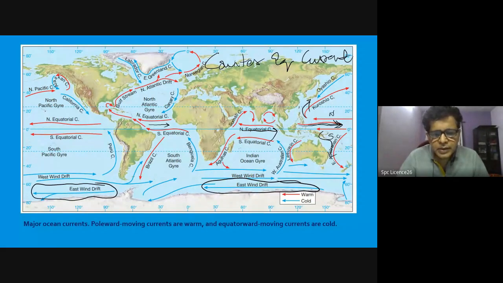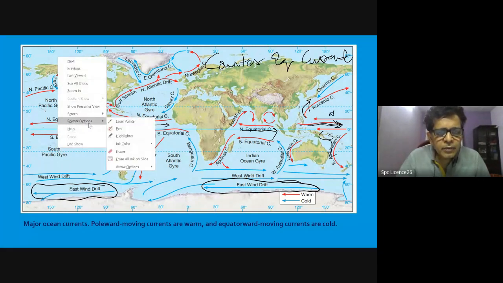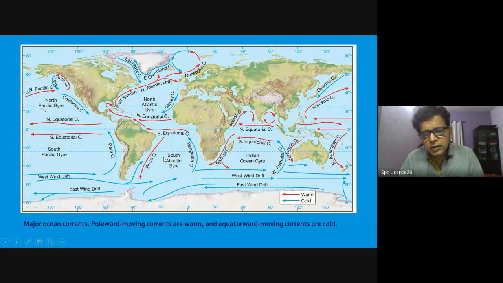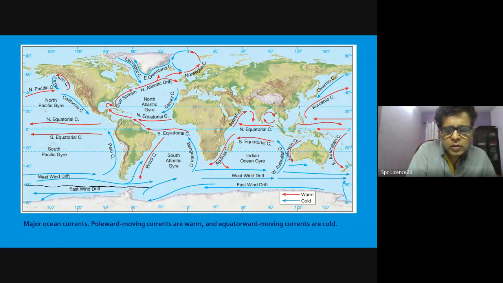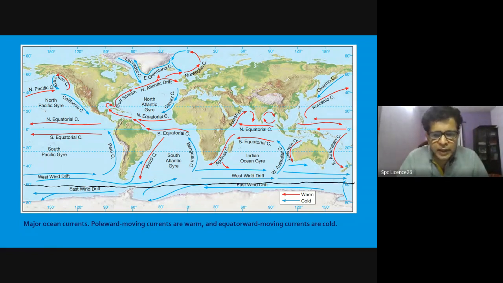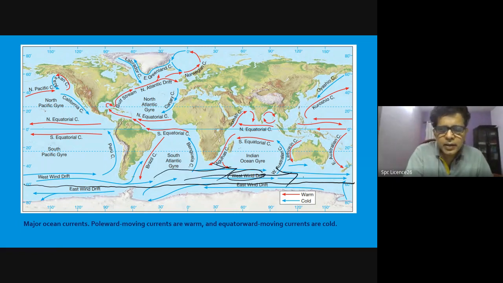What you can interestingly see here, I don't know how many of you have been observant enough to mark, is that if I once again draw the boundary of the Southern Ocean here, at 60 degrees latitude, what you see is very interesting. To the north of 60 degrees latitude, you see a west wind drift. The westerlies blow and make the waters flow in this direction.